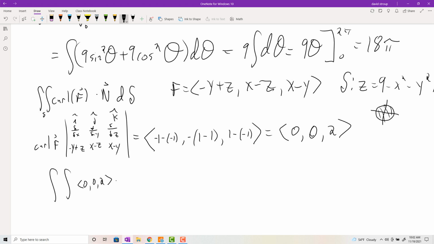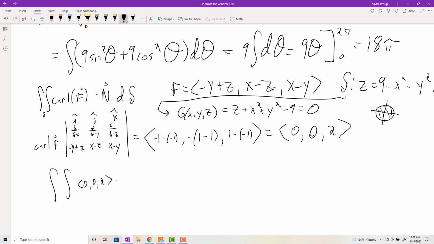So for the normal vector, you need to convert this surface here into g of x, y, z format. So you have z plus x squared plus y squared minus 9 equals 0.